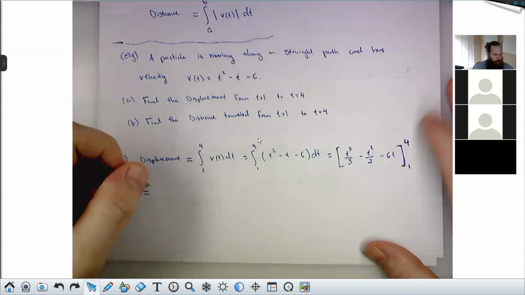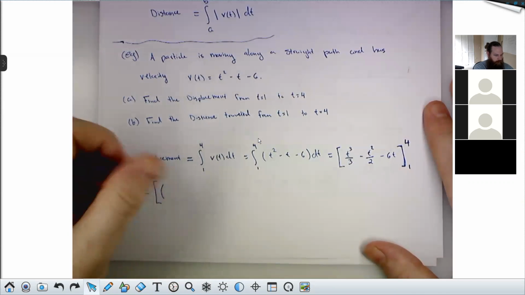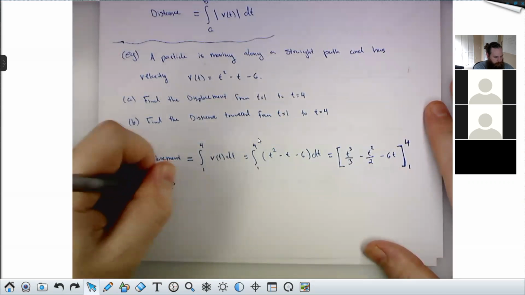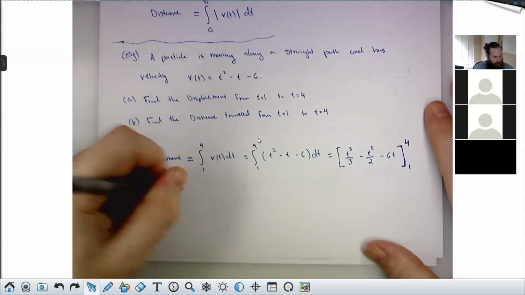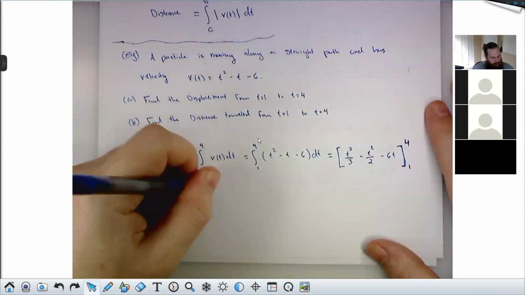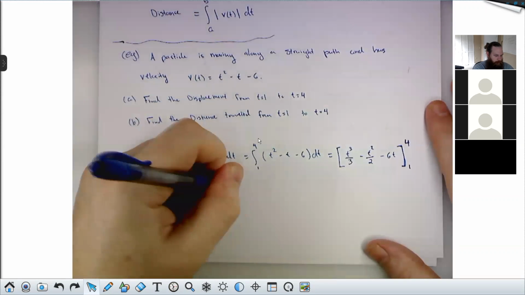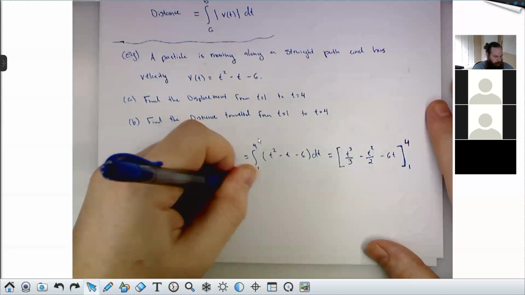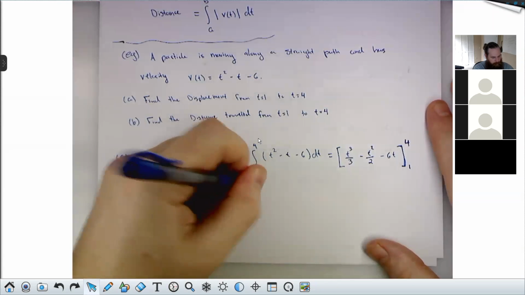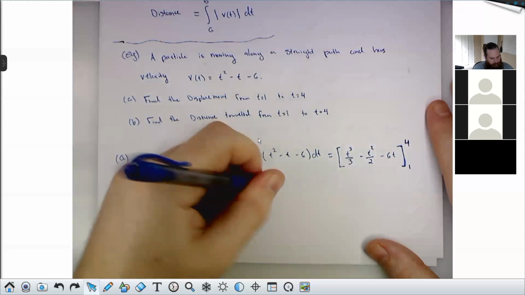We always do the upper bound minus the lower bound, so I'll plug in my upper bound. When I do that, I get 4 cubed over 3 minus 4 squared over 2 minus 6 times 4. And when I plug in my lower bound, I get 1/3 minus 1/2 minus 6.